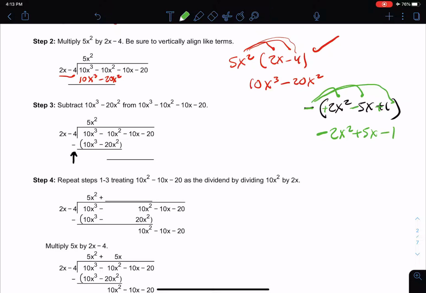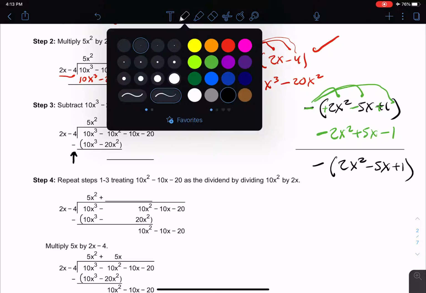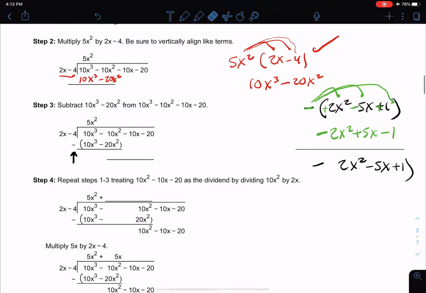So really, when you see this situation, let's do it again. When you see this situation right here of subtracting a polynomial, really all you have to do is just change their signs.